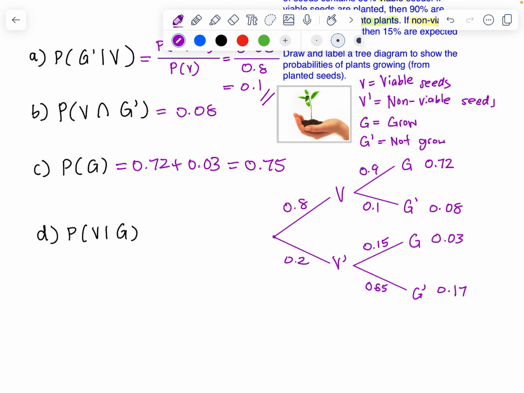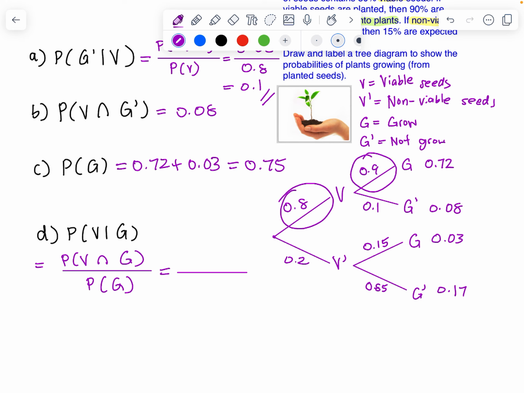Last but not least, a slightly more challenging problem. So this one is conditional probability again. And what this basically means is, what is the probability that you're going to get a viable seed given that it grows? So given that it grows, what's the probability of, sorry, not B, there it is. So the probability of getting a viable seed and it grows, well, it's going to be 0.8 times 0.9, right?